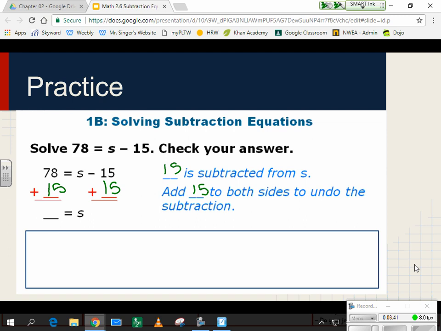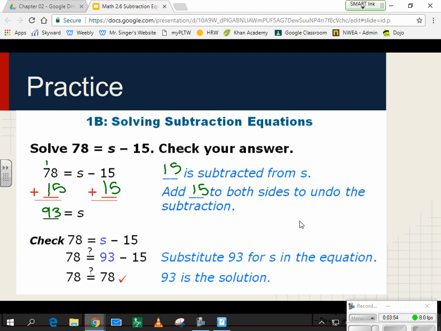So when we add 78 and 15 together, we get 93. Is that correct? How can we find out? Well, if we check it, we plug 93 in for s, and we subtract 15 away from that, we do get 78. So 93 is the correct answer for this one.